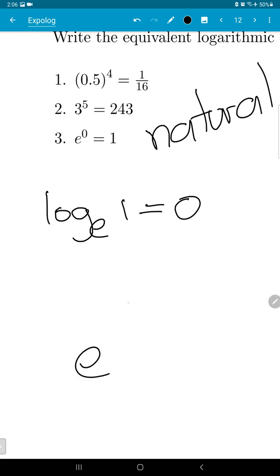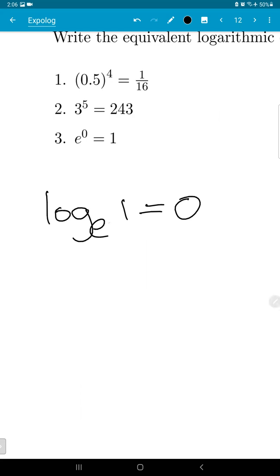So e to the x is the natural exponential function, while its inverse, logarithm base e, is called the natural logarithmic function, and its special notation is ln. So we can rewrite that as ln of 1 equals 0, so that there is no need to write a base there. It's understood to be the natural base.